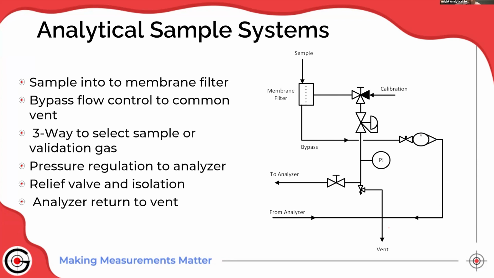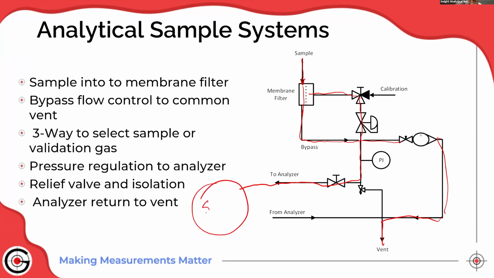And so we laid out what we would want to do in the flow path, which was, have a sample come in, go past the membrane filter. Part of it goes to the bypass side, so we have a bypass flow. The part that goes through the filter goes through a pressure regulator out to that fast responding analyzer.